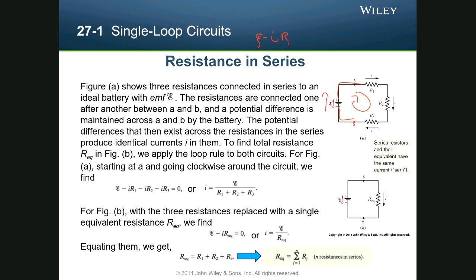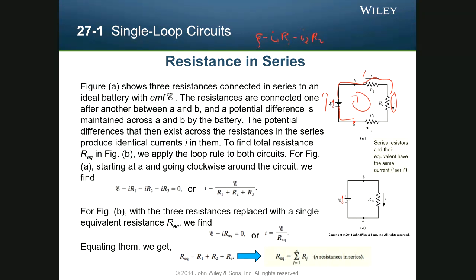Okay. Now we go through here. We continue around the circuit. We get to resistance 2. We ask the question again, are we going with the current or against the current? You'll notice we are going with the current, right? And so that will make this I2 R2.